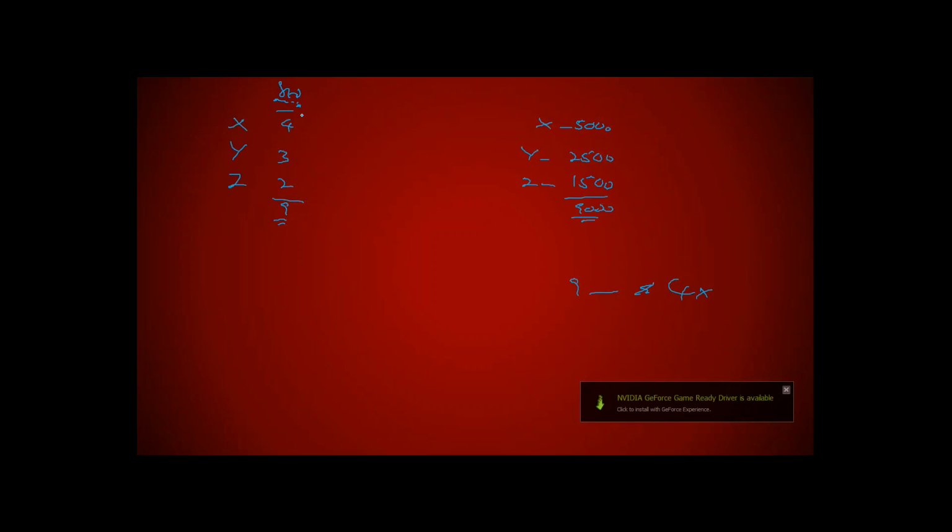If you put 9, 4 will be X. Now when you mix 9,000, how many X should be there? For 9, 4X. For 9,000, how many X?